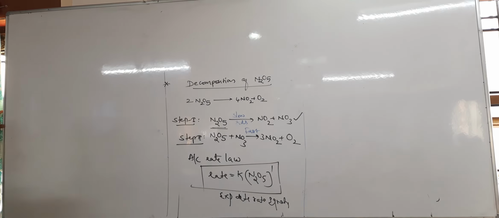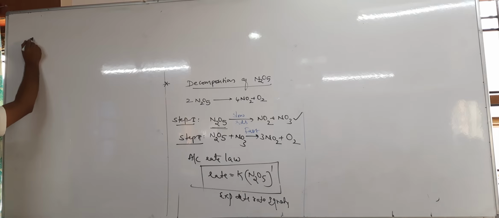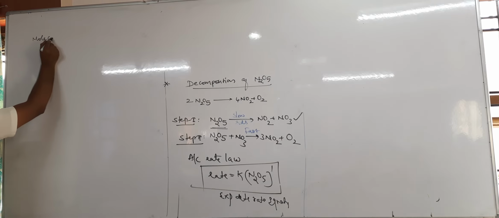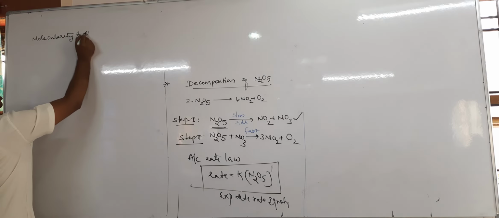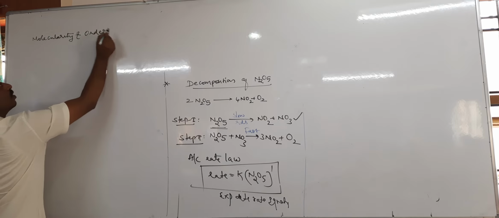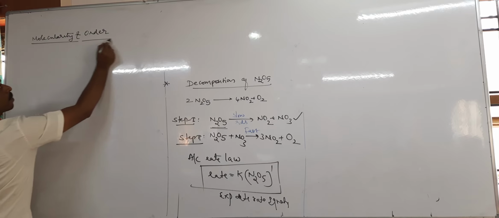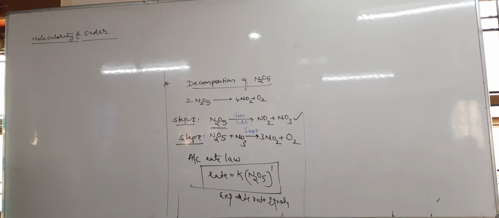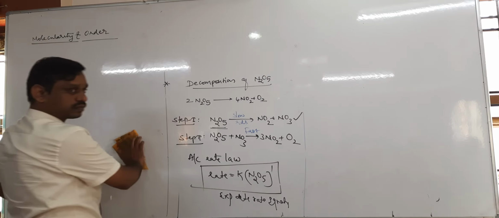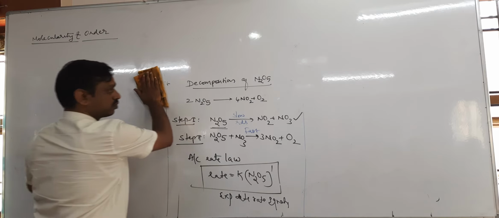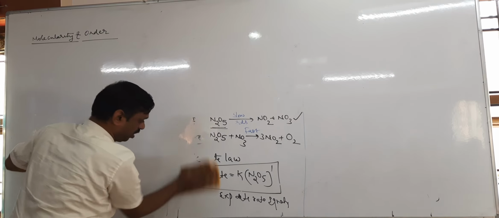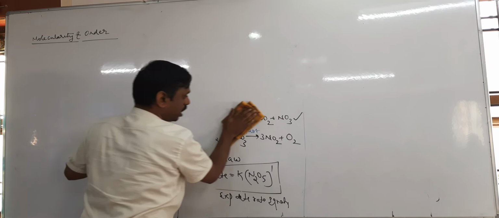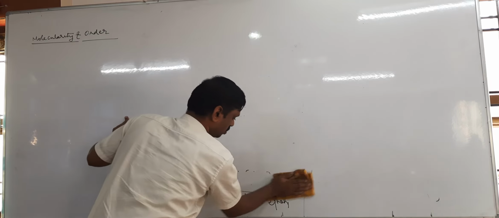Okay, next is molecularity and order. So what is molecularity? Types of molecularity. And what is order? Types of order of reactions.